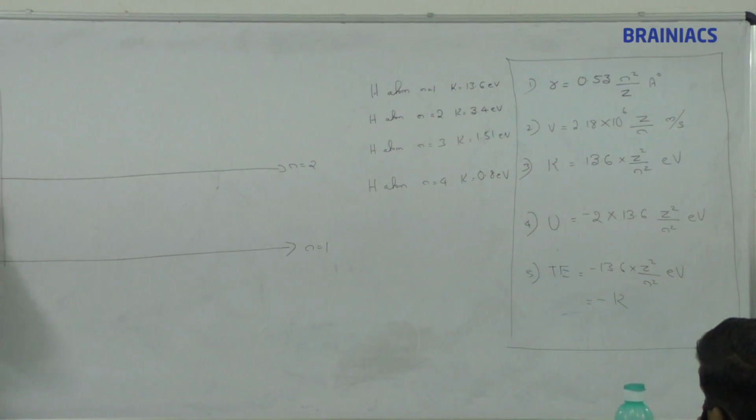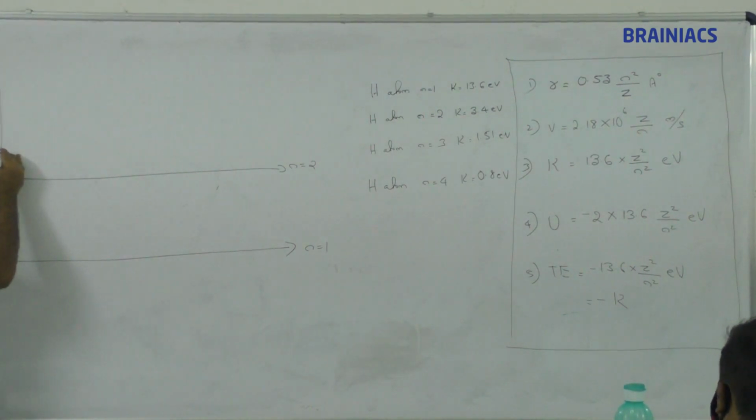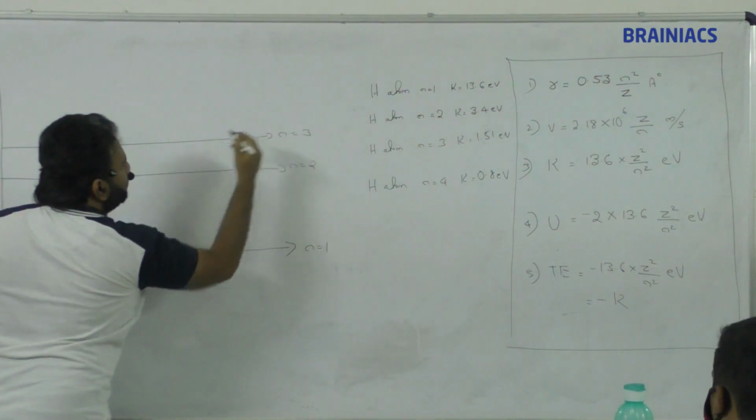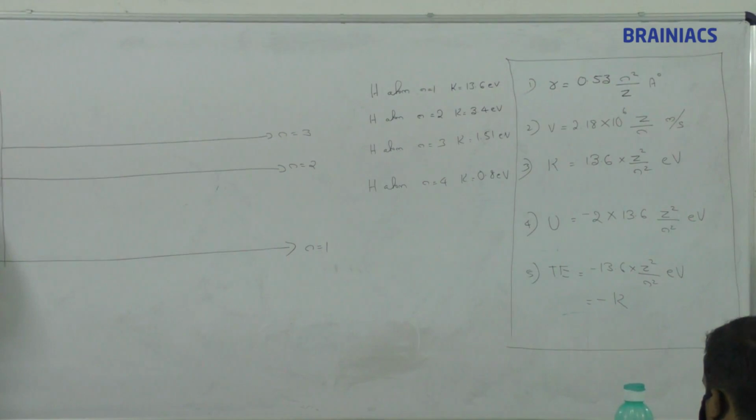What is the energy of this? Minus 3.4 electron volt. What is the difference between these? How much? 10.2. Now let us take N equal to 3. What is this? 1.5 electron volt. Please tell me these two.